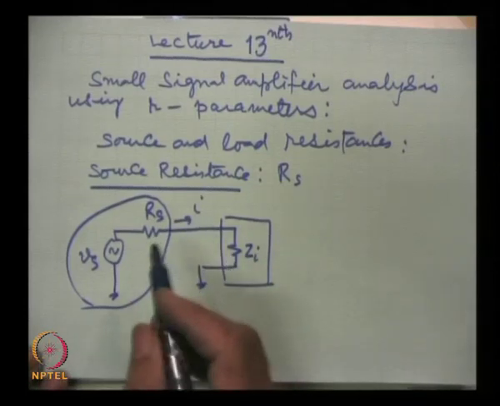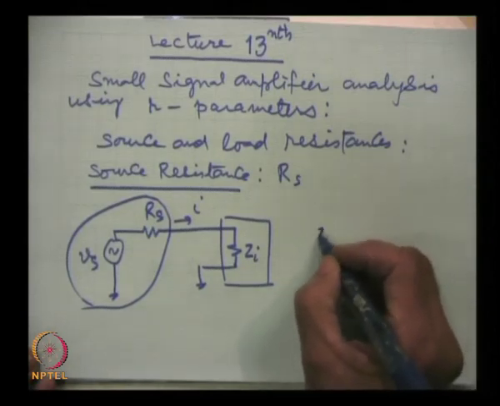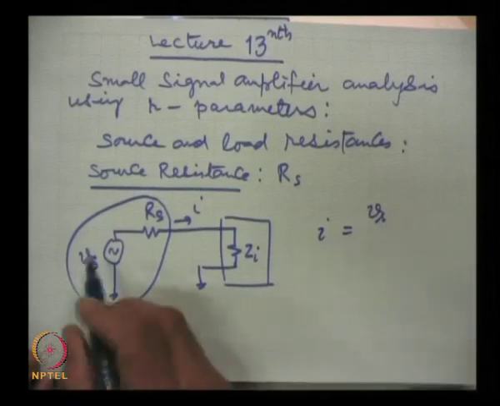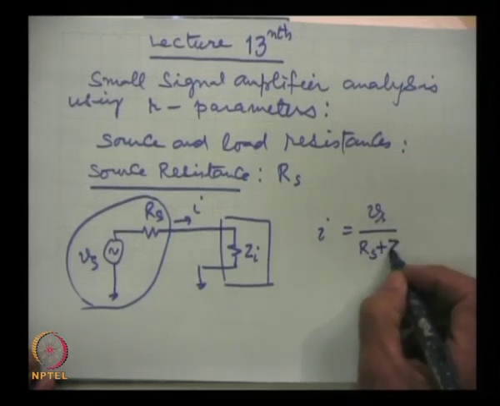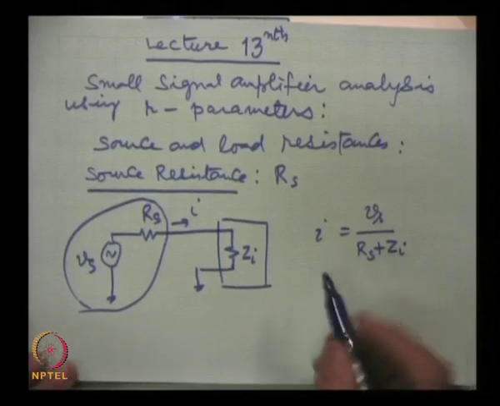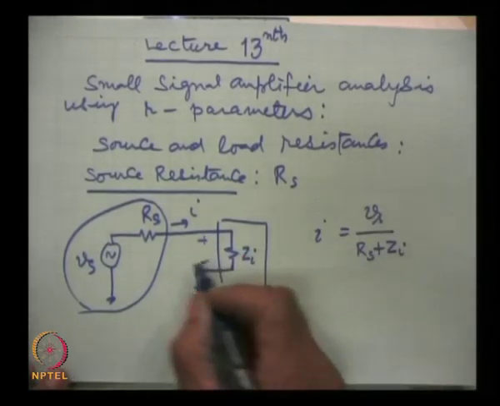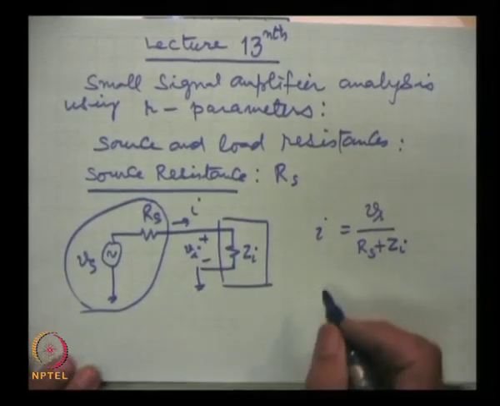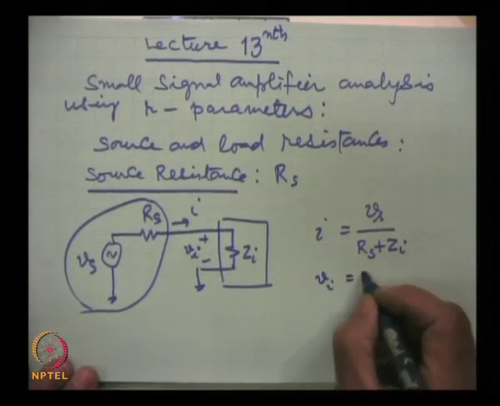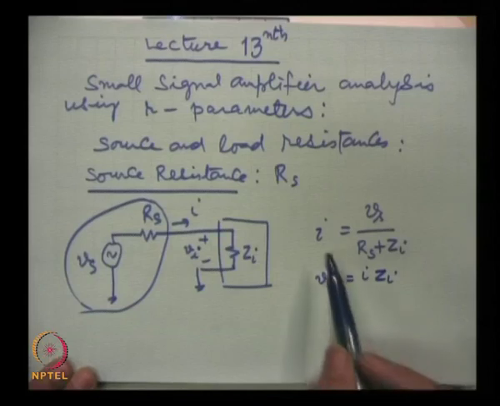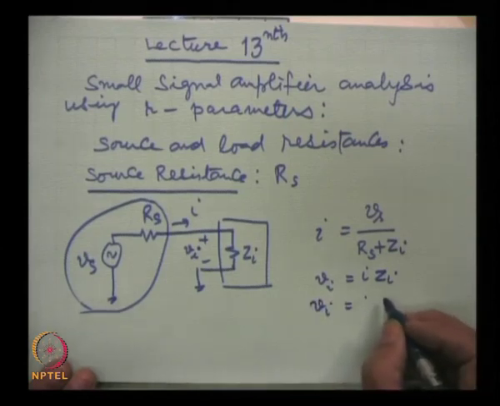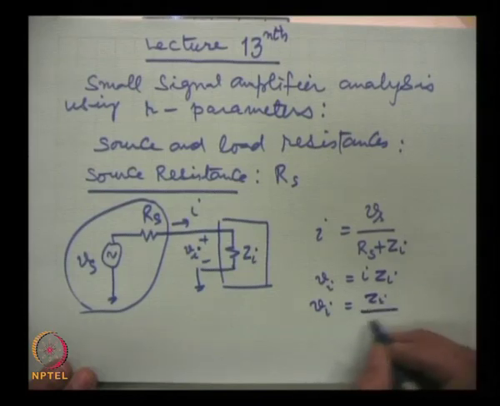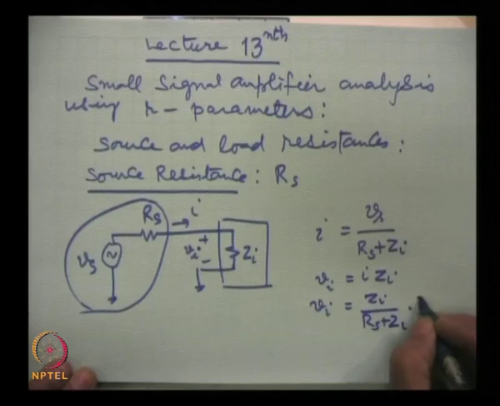Now, this current I, we can simply write, will be V s, the signal voltage, divided by the two resistances coming in series, R s and Z I. The voltage which is available for amplification actually is V I. So, V I is equal to I into Z I. When I substitute the value of I here, I get V I equal to Z I upon R s plus Z I into V s.